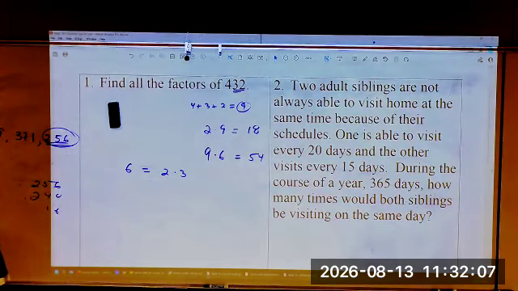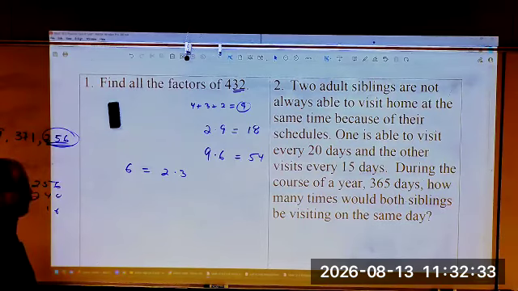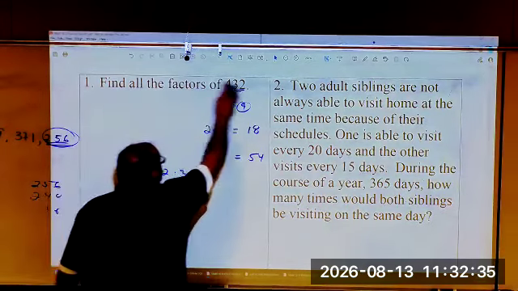But 9 and 4: we know 4 works, we know 9 works, so 9 times 4, 36 would work. You can start mixing and matching and get all sorts of bigger factors. But if we want them all, you don't want to randomly sit there and try to guess what they all are. You want to be organized.